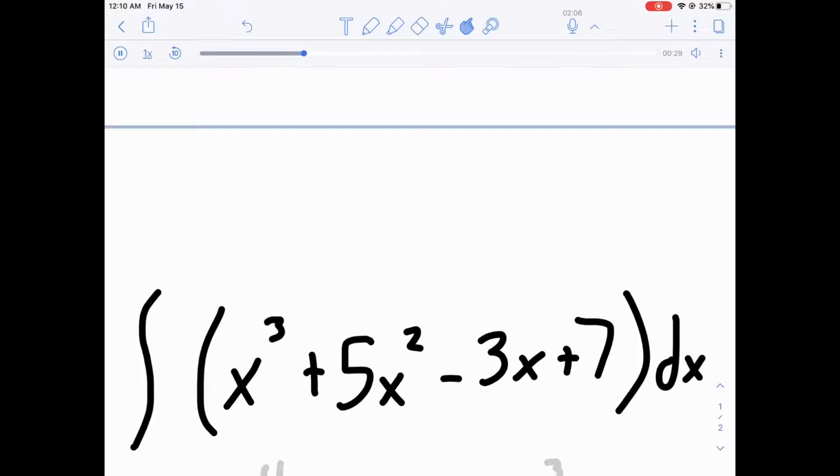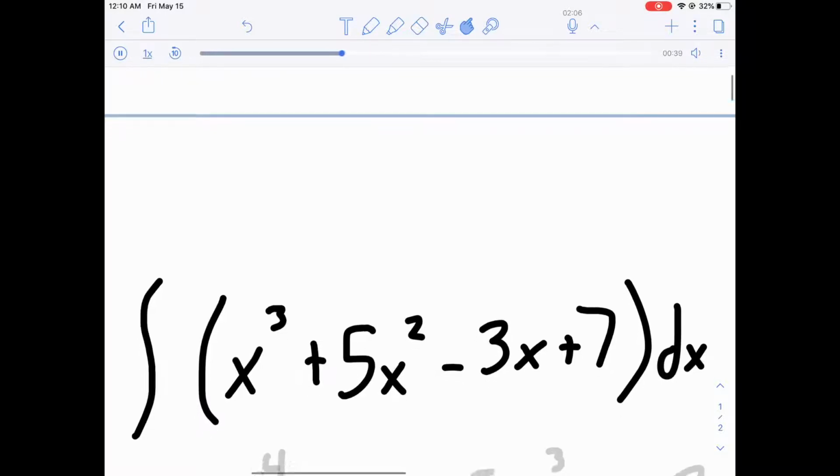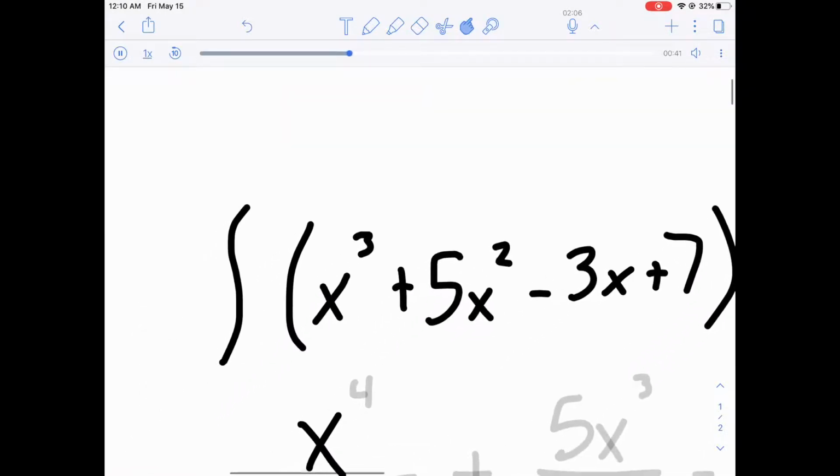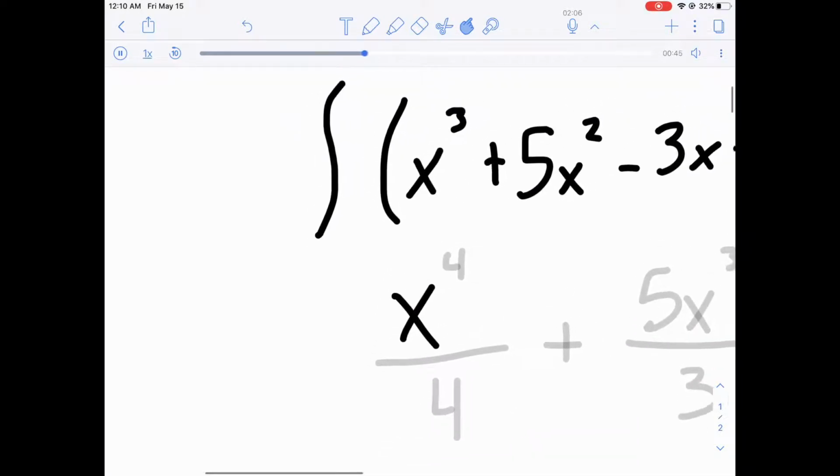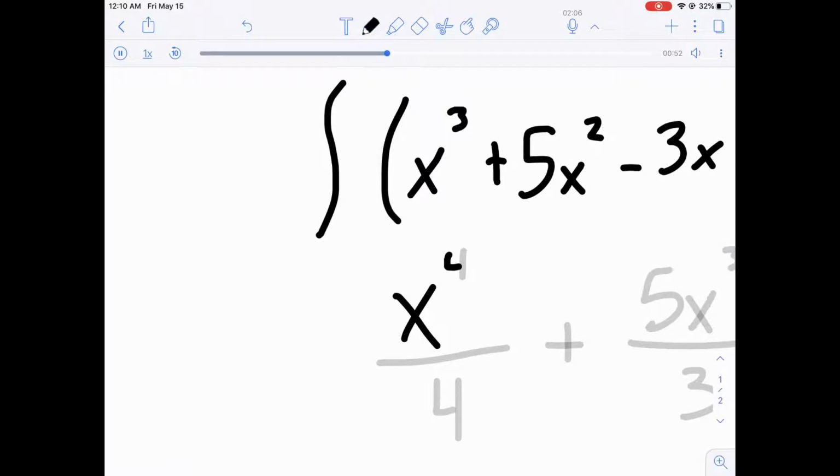So we'll do this pretty easy one out, and it's x to the third plus 5x squared minus 3x plus 7 dx. So what we're going to do is, you've got x to the third. To make the x to the third bigger, to take the antiderivative of it, we are going to raise it now to x to the fourth.